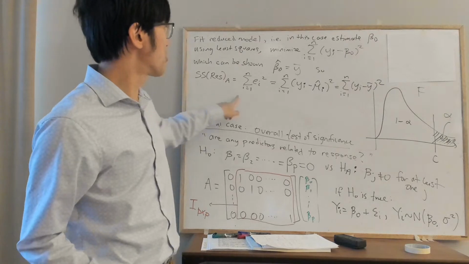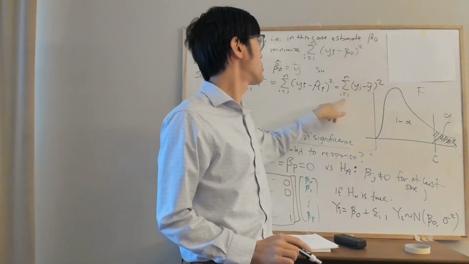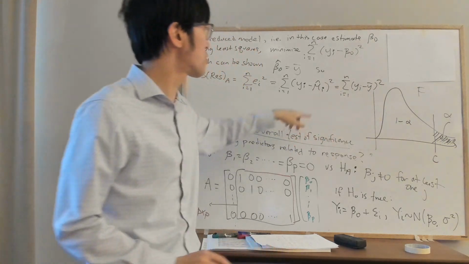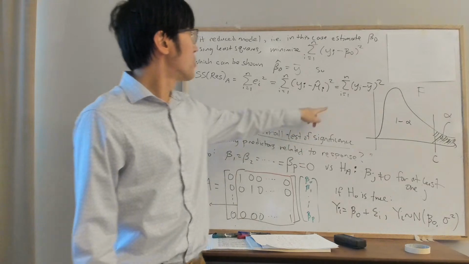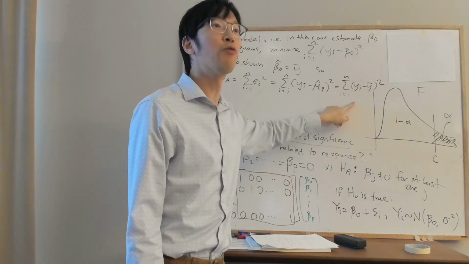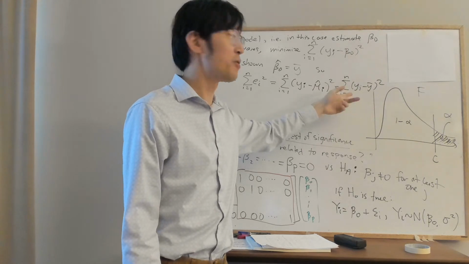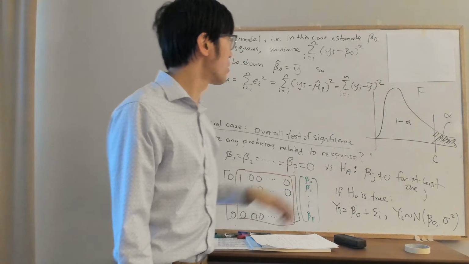But the key thing to connect here with the ANOVA table is to recognize, well, what is this expression? This looks familiar. Sum of y_i minus y bar squared, right? This quantity, as we've seen already, is related to the overall variability in the responses, in the y_i's.